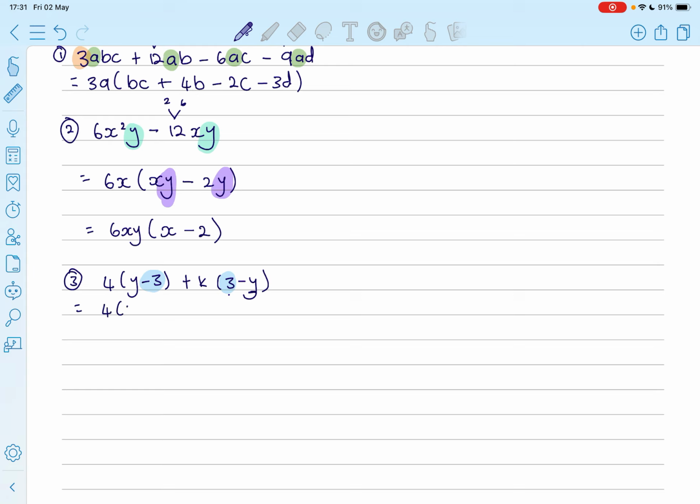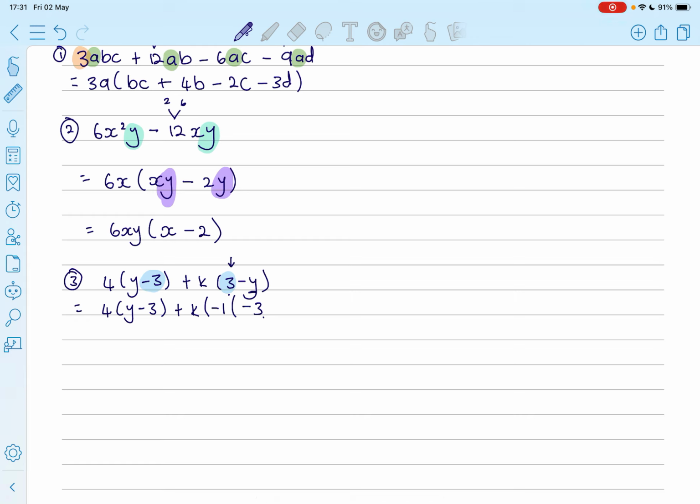So here we have 4y minus 3. We're not going to do anything there. Plus k. And then we are going to open a bracket. And then we're going to take -1 out from 3. So 3 divided by -1 leaves you with -3. So I took out -1 there. That means here I'm left with a -3, because when I put back this -1 inside, it should give me what I originally had, which was the +3.